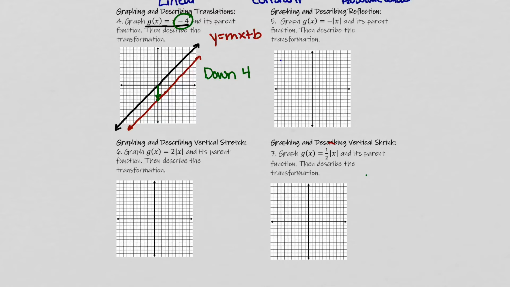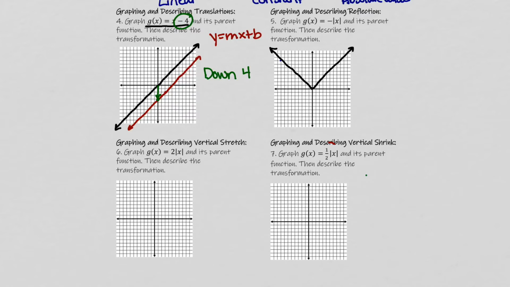Now, if I'm graphing a reflection, so the number 5 there, if you look at the equation, it has those absolute value bars, so we know it's going to look like a V. So I know the parent function goes through 0, 0, and it goes up 1, right 1 on the right, goes up 1, left 1 on the left.